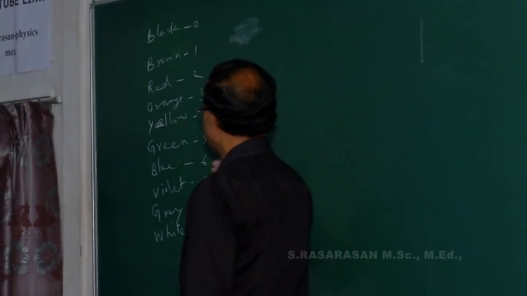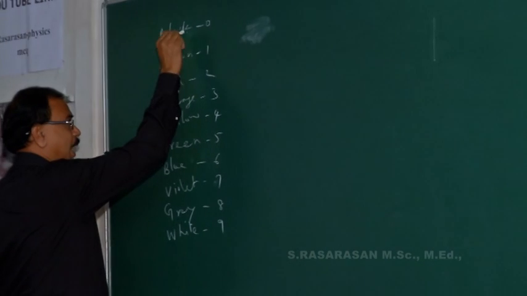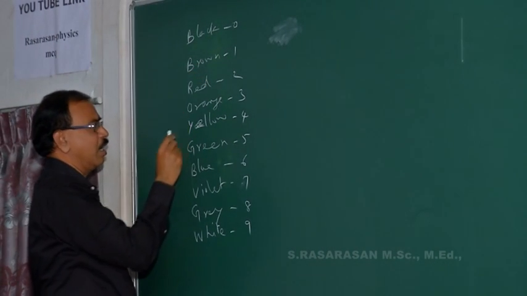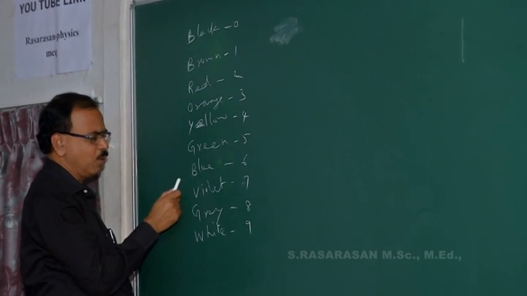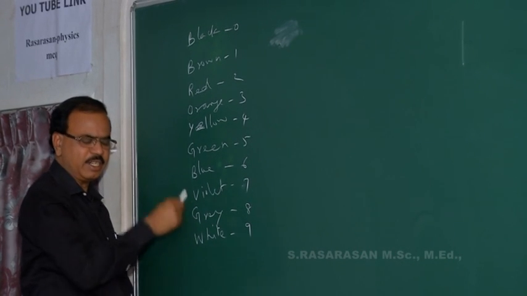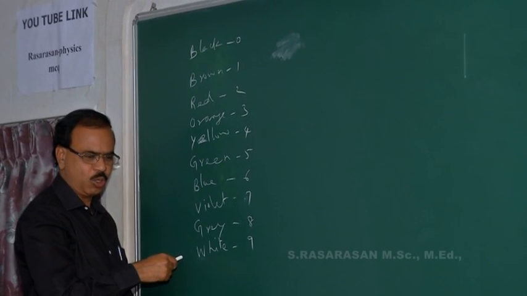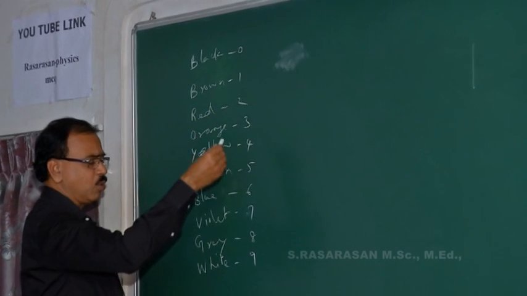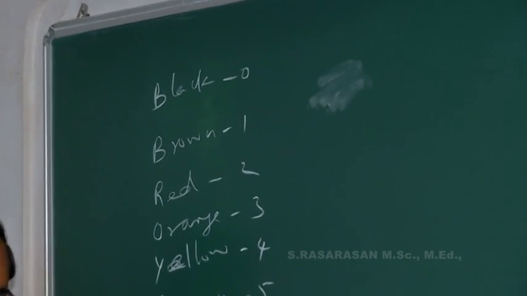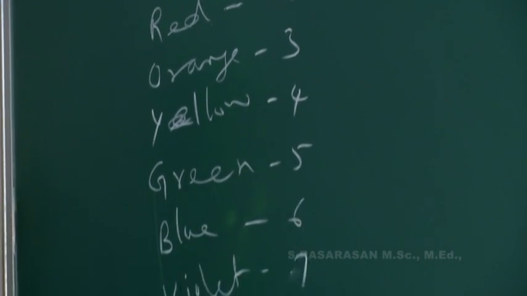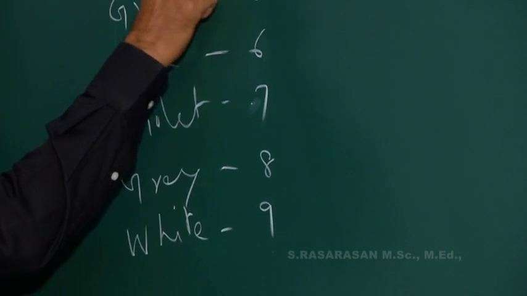It is given as black, brown, red, orange, yellow, green, blue, violet, grey, white. In this sequence, the color code is 0, 1, 2, 3, 4 till 9. If the color is blue, the number is 6. If the color is yellow, it is 4.